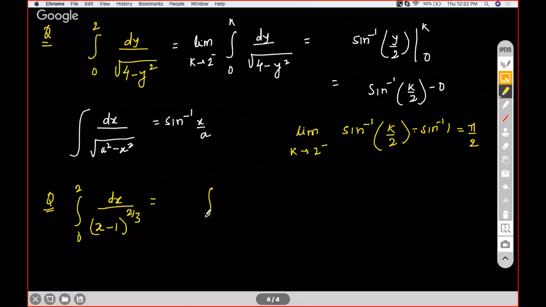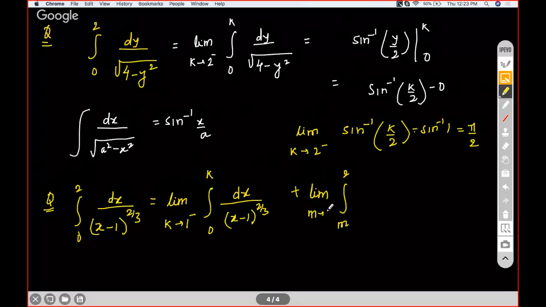We'll write it as from 0 to k, where k is tending to 1 minus, plus m to 2, where the limit on m is tending to 1 plus. Did you get that? So I broke it at k and said k is tending to 1 minus, and here m tending to 1 plus.